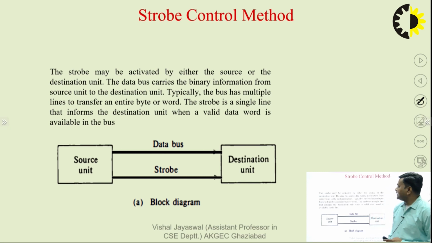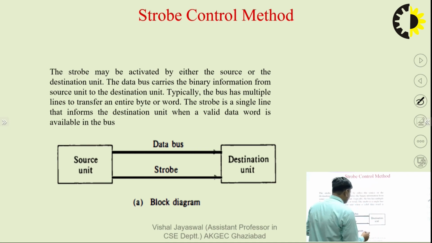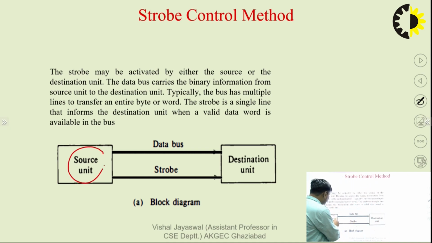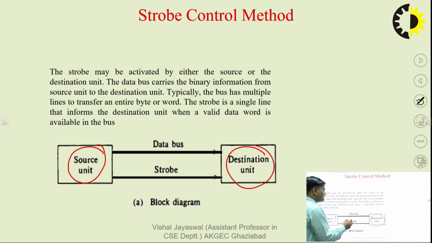In this diagram there are two units: the source unit and the destination unit. We use the data bus in the direction from the source to the destination, and another control line called the strobe control signal, also in the direction from source to destination.